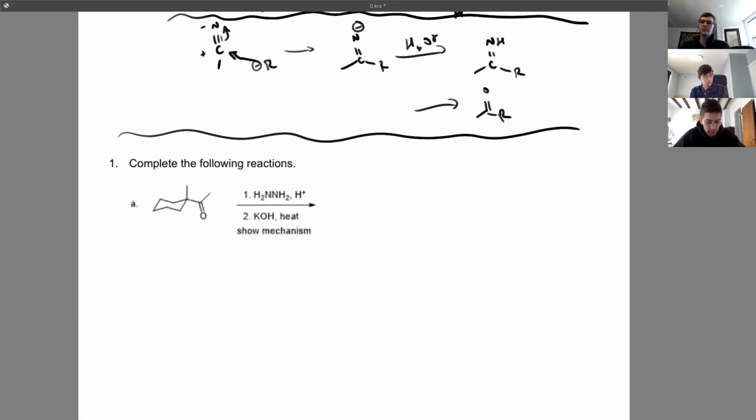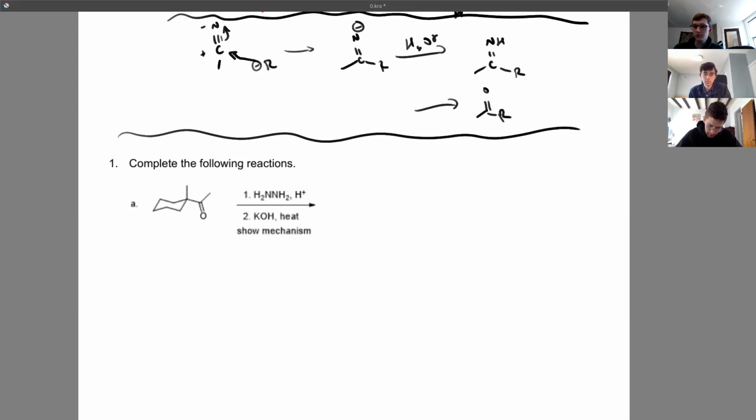So are we thinking we attack the carbonyl with this amine here? I know it's going to be ketone to alkane because it's the N2H4 thing. We have OH as well, but I don't remember the mechanism at all. Yeah, he didn't really show us.